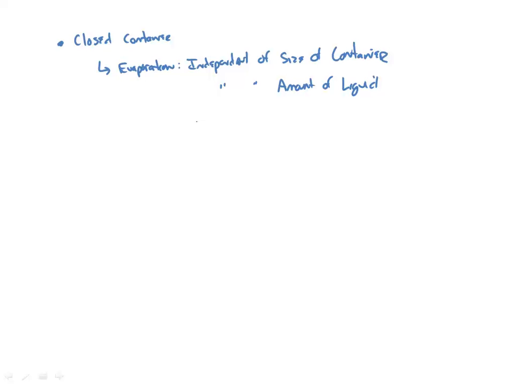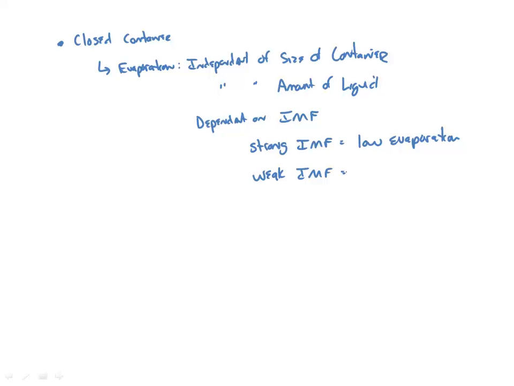And we know that it's dependent on the intermolecular forces involved. If we have strong intermolecular forces, then we're going to have low evaporation, meaning it takes more energy to evaporate it. And if I have weak intermolecular forces, then I'm going to have a high rate of evaporation.